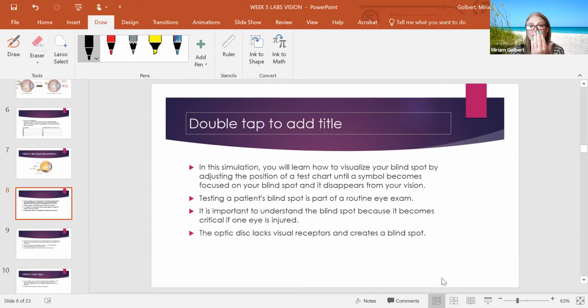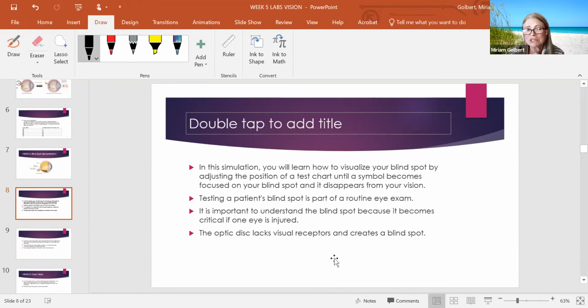And at one point, the dot on that chart is going to disappear. So when it disappears and we measure the distance, that's what it means that you found the blind spot. Now, because we have two blind spots, when we don't have our eyes covered, one eye makes up for the other eye's blind spot and vice versa, okay?